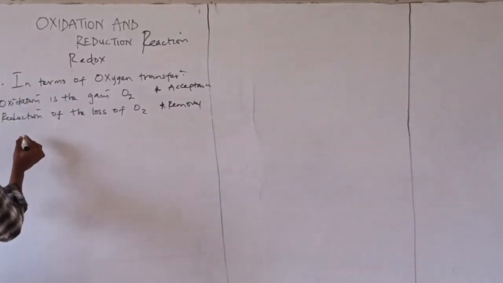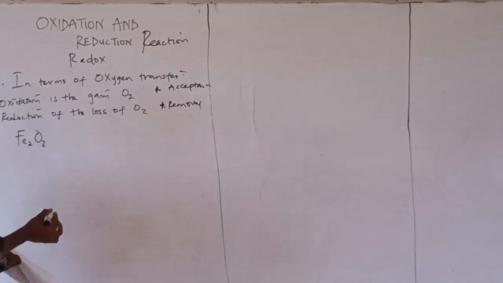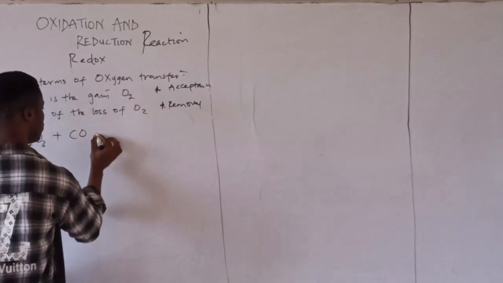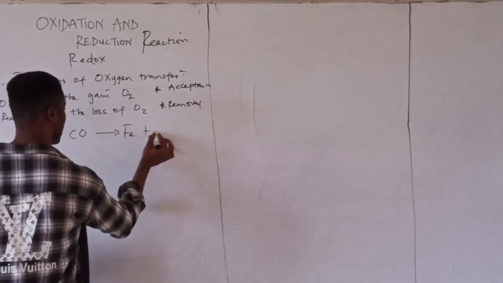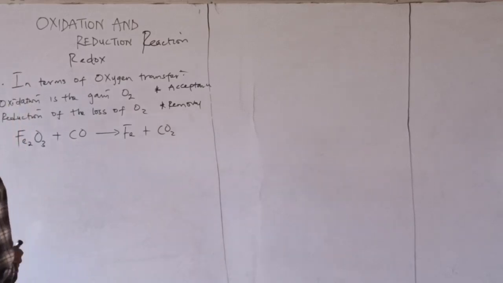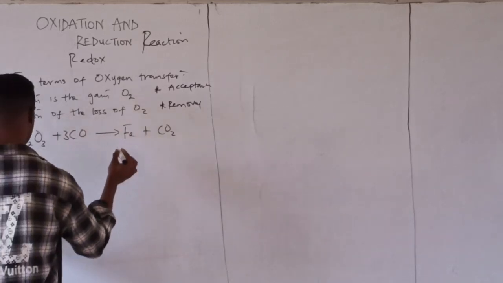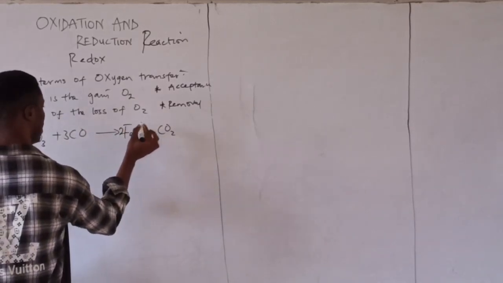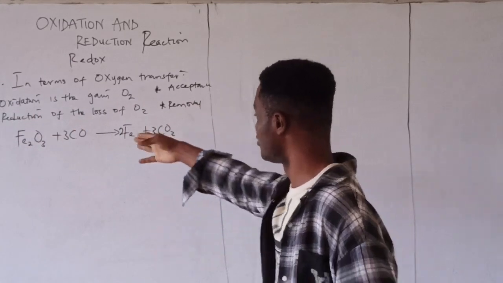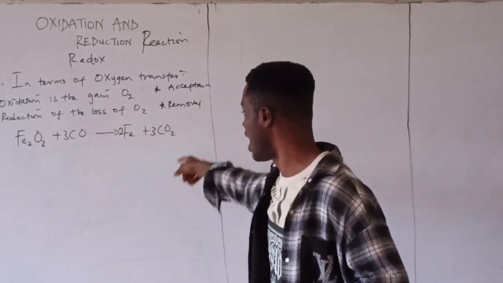Iron 3 oxide reacts with carbon monoxide to give iron and carbon 4 oxide. To balance this equation, we add 3 here, and then we add 2 here, and we add 3 here. So this is the balanced equation of iron 3 oxide reacting with carbon monoxide to give iron and carbon 4 oxide.